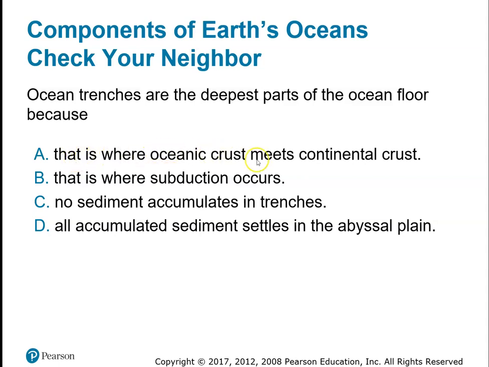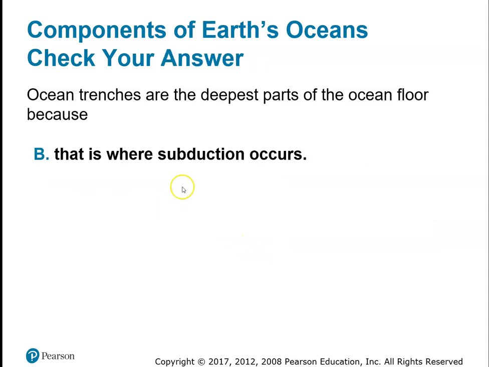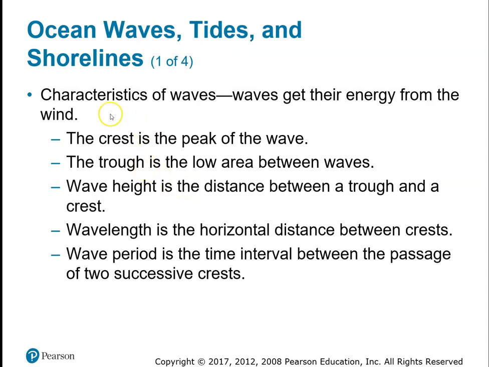So this is where the ocean crust meets the continental crust. No, that's not true. That's where subduction occurs. No sediment accumulated. No, that's not true. All the accumulated sediments. So I would say it is B. Yeah, there we go.